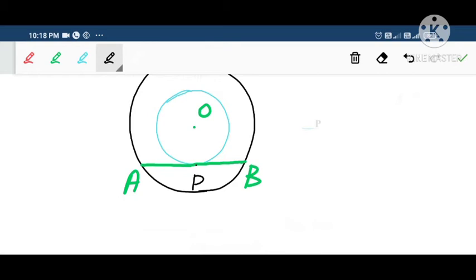I just draw the radius of the big circle. I join OB. So OB is the radius of the big circle. How much? 5 centimeter. And next I join OP.